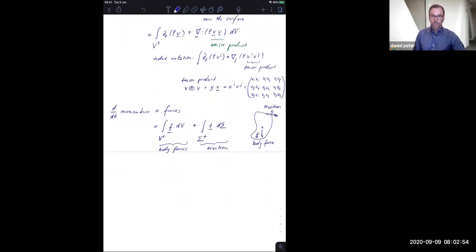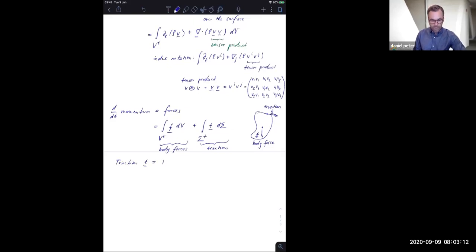So I'm not sure if you heard this term traction already and you know how it's related to the stresses. So let me quickly write that down. The traction we write here is a vector t.